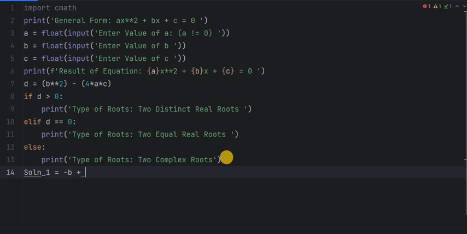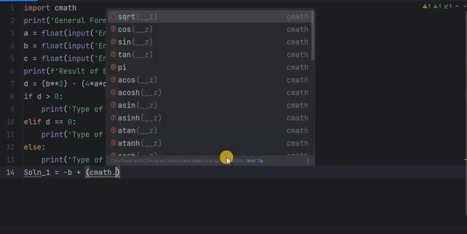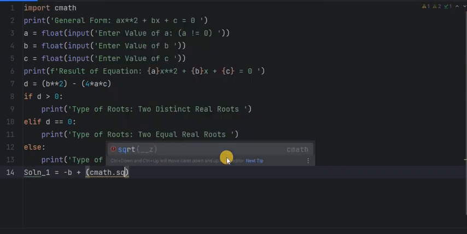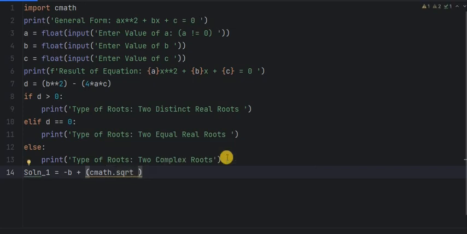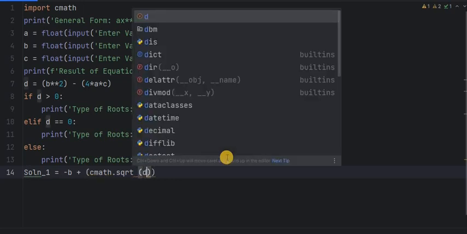So we have cmath.sqrt. That is the square root. Then what again? We have our d, the square root of the discriminant. So we have d.